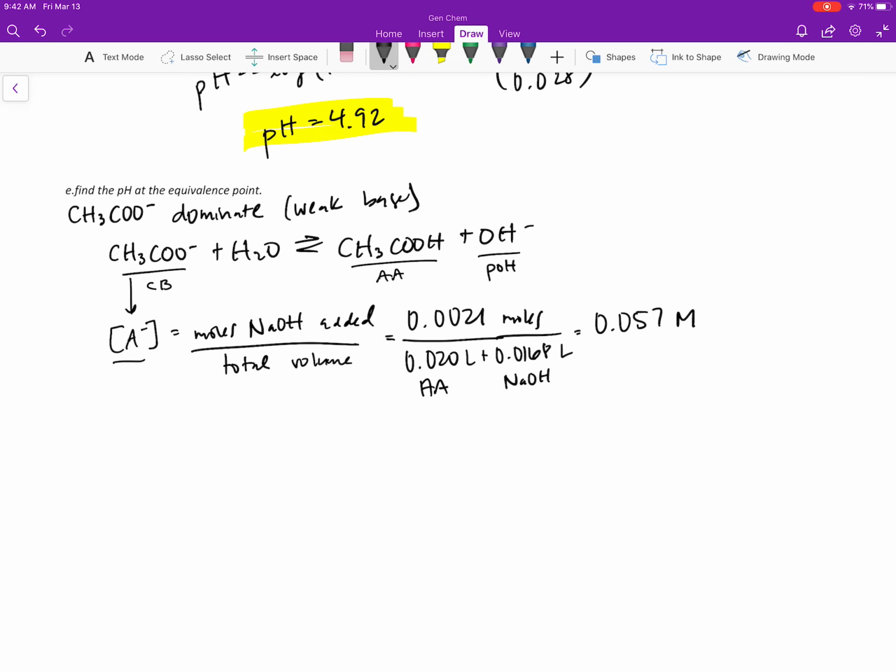So if I'm going to set up an ICE table, where A minus plus water equals my HA plus OH minus, I'm going to start off with this amount of A minus, none of the HA, none of the OH. The reaction is going to shift to the right.